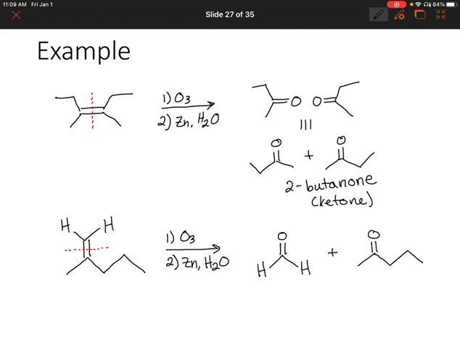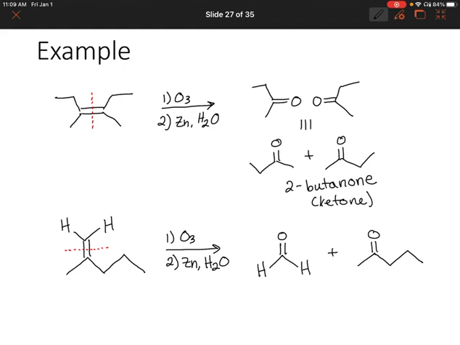So we ended up with the exact same product after we split the double bond in half. But here we have an asymmetrical alkene, so we end up with 2 different products. So we have a mixture. That can play an important role if you're trying to just end up with one product. You might have to pick a starting material that is symmetrical.